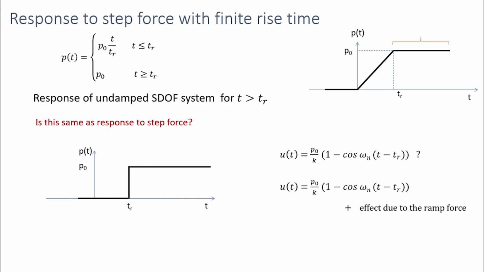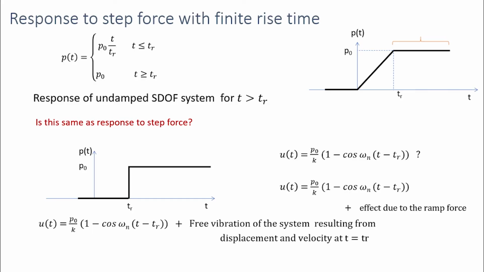The effect of those initial conditions will also affect the response after TR. So the response of this single degree of freedom system under this force when T is greater than TR will be this response plus free vibration of the system resulting from displacement and velocity at T equal to TR.